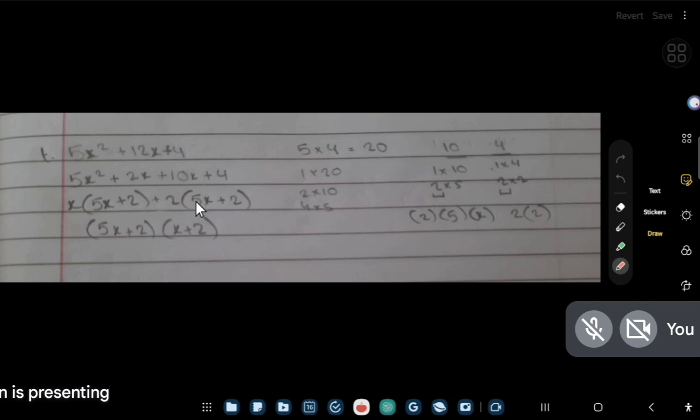Then you took 2 common here and you get 5x plus 2. Same. Good. It's perfect. Rani, waiting on your second answer.